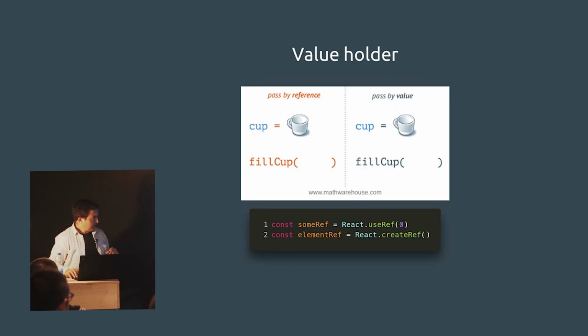So why do we have to have this kind of object wrapping our value? In JavaScript, you can't pass variables by reference. You have to pass variables by value. So if I have this variable and I set a new value to it, it won't change the value itself. It will change the variable.